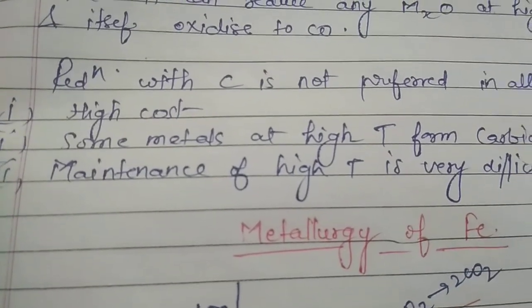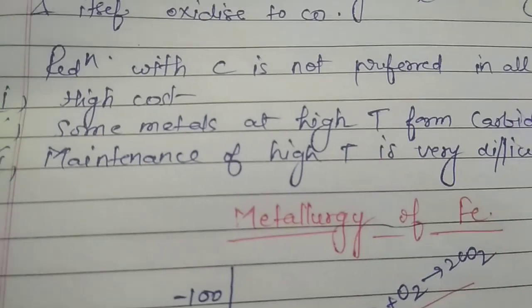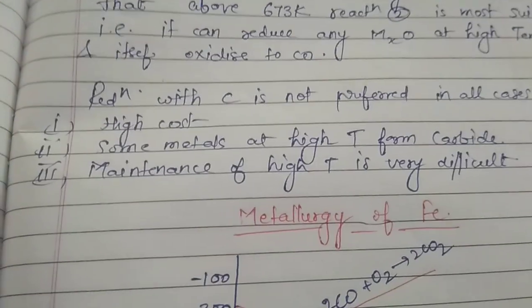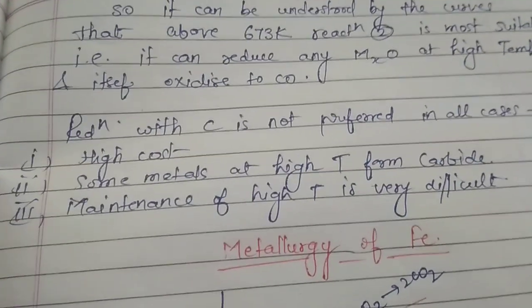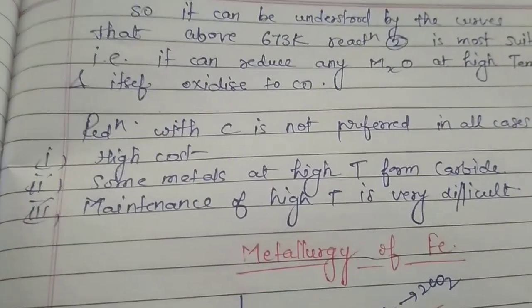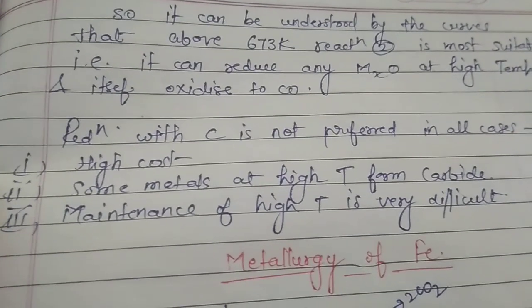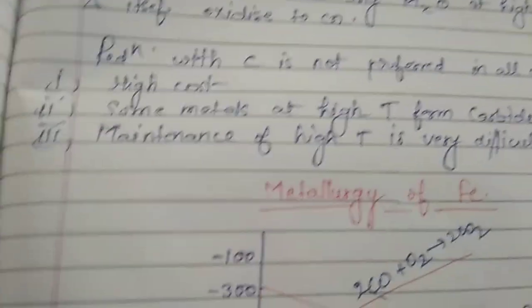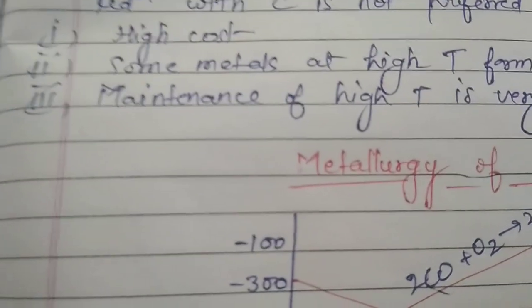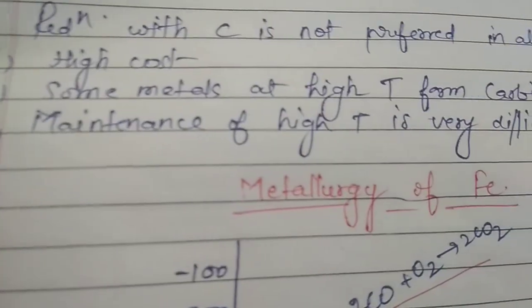In place of getting reduced, they form carbide and carbon monoxide would not form. The third one is, as we have seen in the graph, that at high temperature most of the metal oxides can be reduced with the help of carbon. So the maintenance of high temperature is quite difficult.